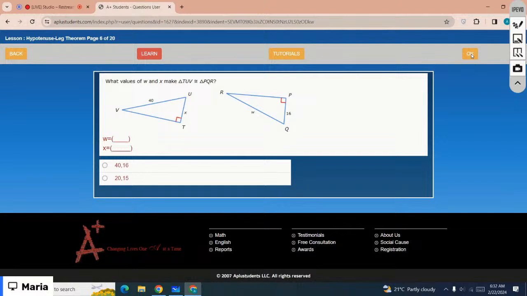The correct option is option number 1, that is 40 and 16 is the correct option.